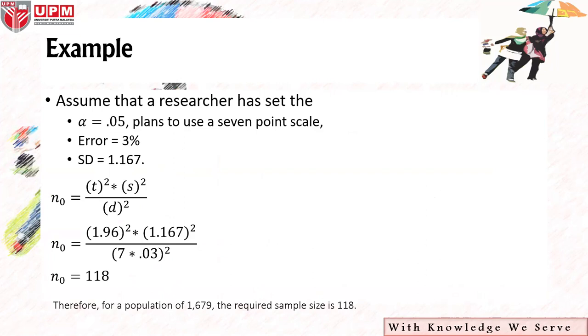So t equals 1.96. 1.96 squared times 1.167 squared divided by 7 times 0.03 squared. We just plug in the values, and the answer is 118.